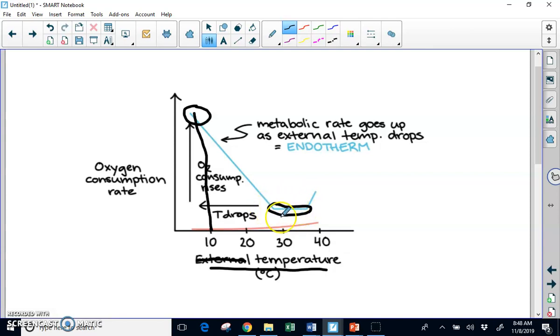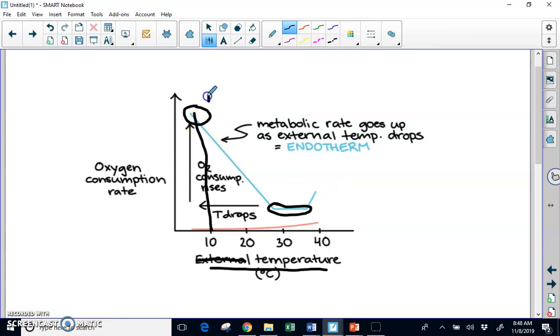So at this point here, they're not really using respiration at all. At hotter temperatures, oxygen consumption does increase a little bit, because they need energy to cool themselves down. They increase their energy production a little bit when it gets extremely hot, to start mechanisms that will cool themselves down.